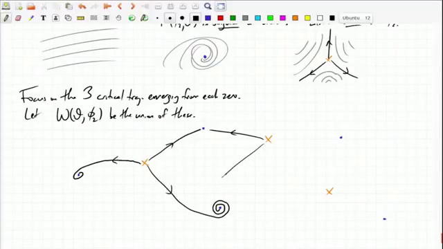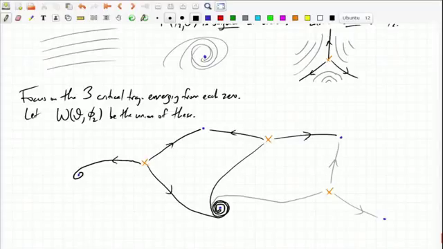Maybe I won't draw that spiraling from now on. I'll show you computer pictures later. So you get a picture like this. So you get some kind of totally combinatorial gadget, which is just a bunch of marks on your curve and these trajectories.